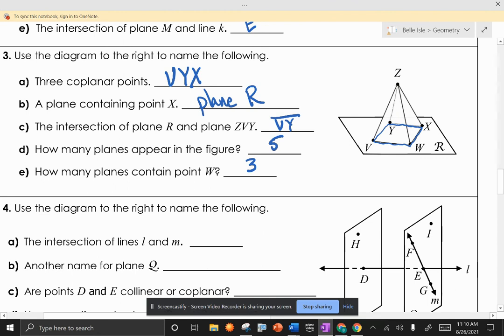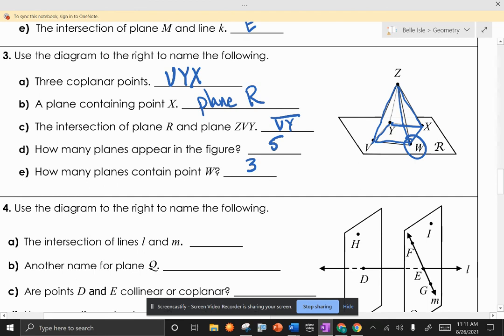We've also got all of these planes that go around this little triangular prism. How many planes contain point W? 3. So we've got 1, this one with Z and X, and this one with Z and V also. All contain W. That's correct.